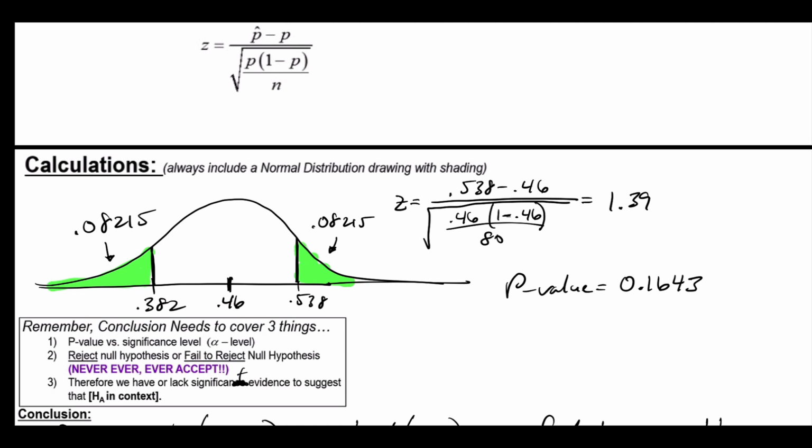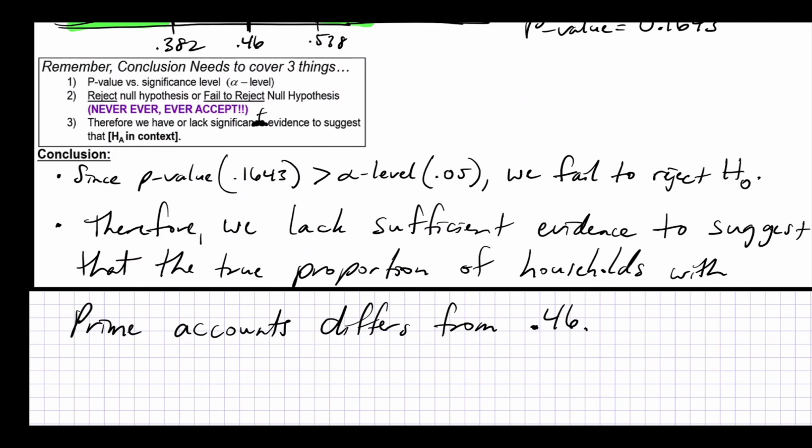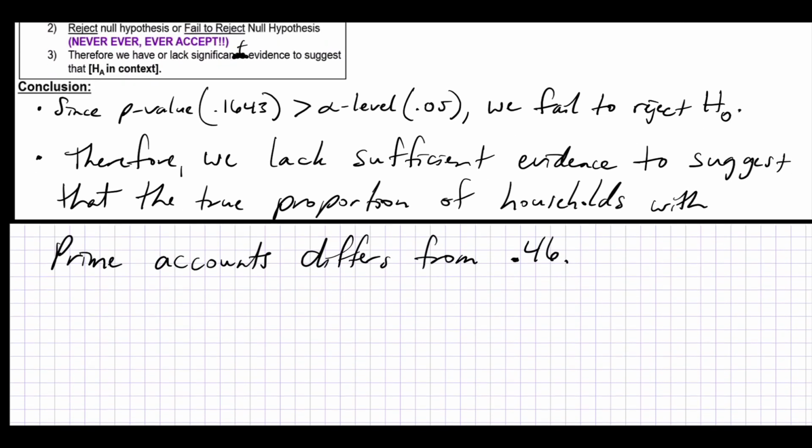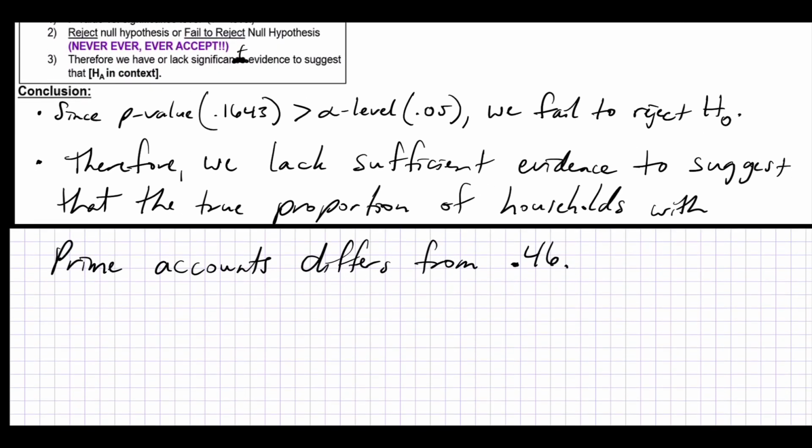Here's another thing. If someone was doing a test and really wanted to reject, what's something shady they could do to be able to reject? Change the alpha level, right? That's why you need to set your alpha level before you do this, because I could easily say, oh, I'm going to change my alpha level to 20.